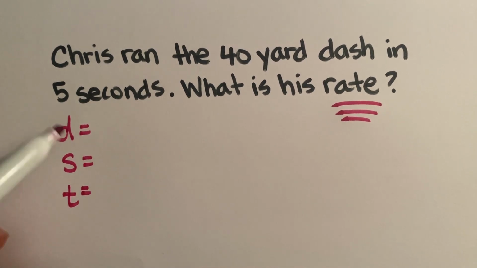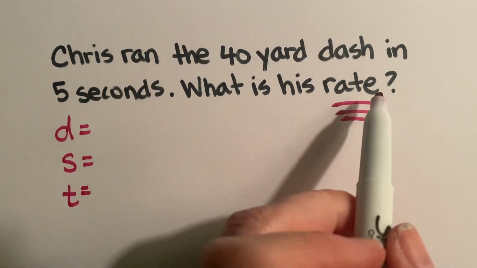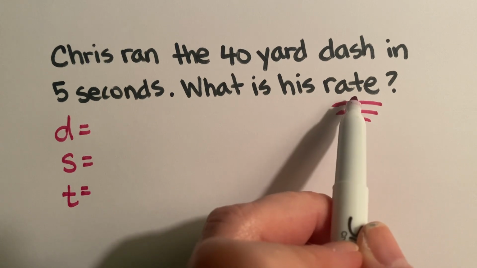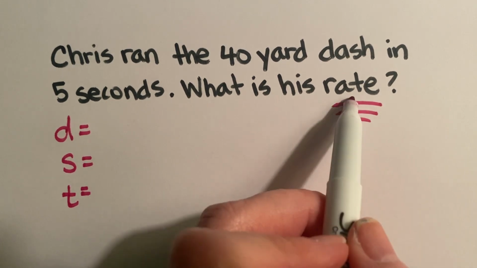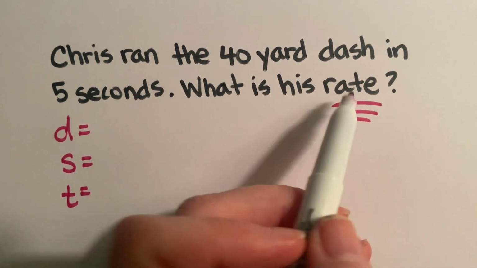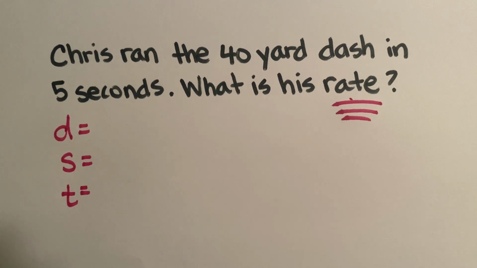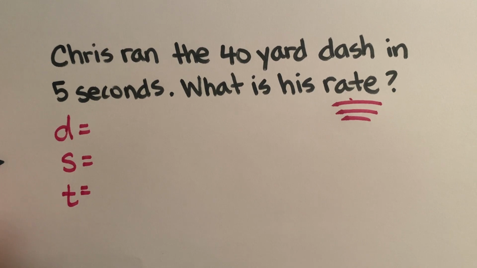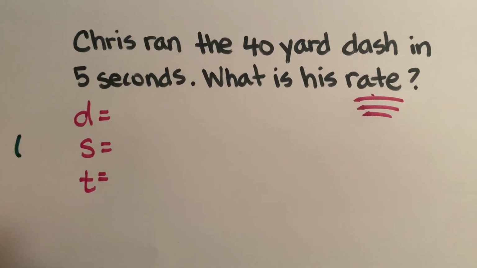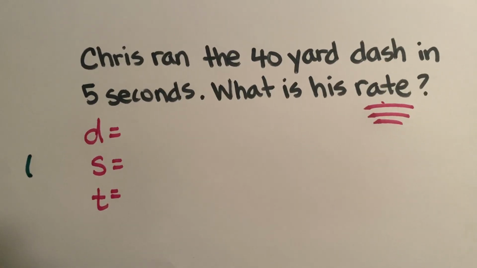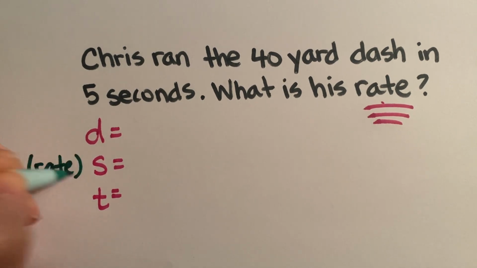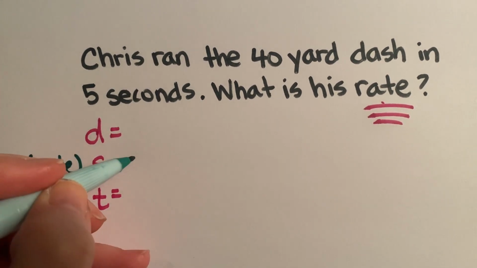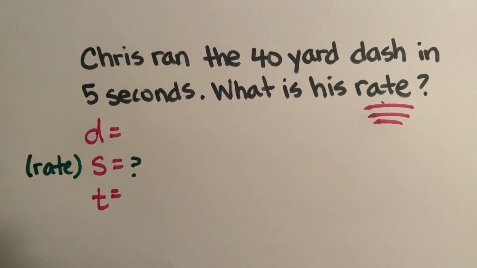Can you think of which one of those might be a synonym or mean the same thing as rate? Well, the answer is that a rate is a speed. So I'm going to write this sort of off to the side here next to the S. This is what we're looking for, is the rate or the speed. So that will be our question mark.